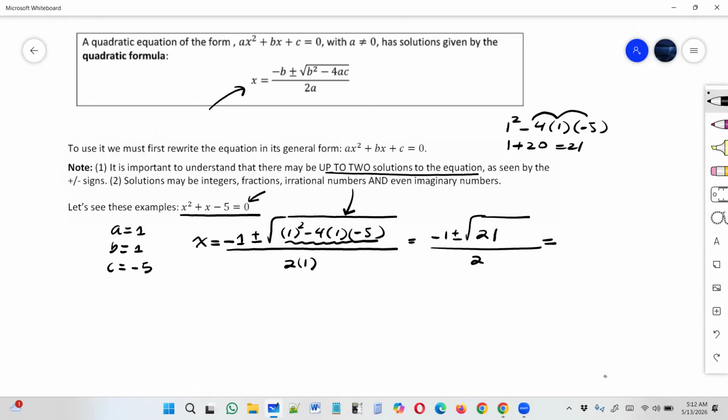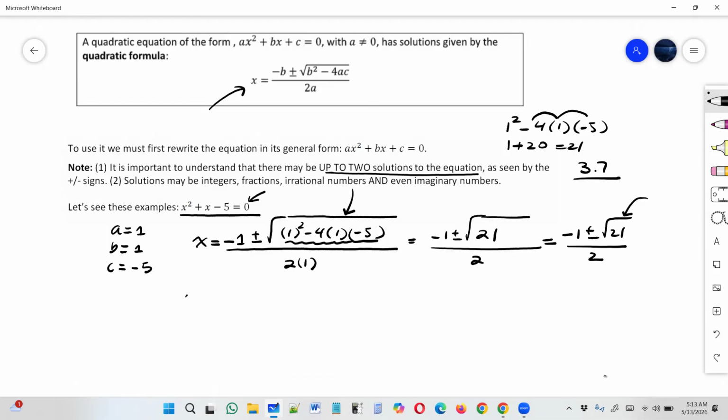Now the expression simplifies to -1 plus or minus radical 21 over 2. When you get to this point, you would take a look at the radical to see if you can simplify it. But 21 is just 3 times 7, and there's nothing that you can do there.